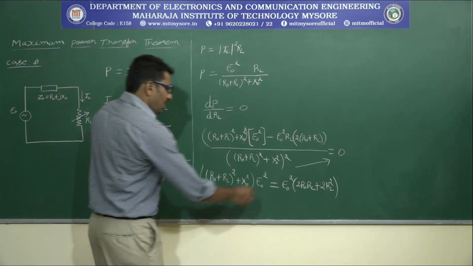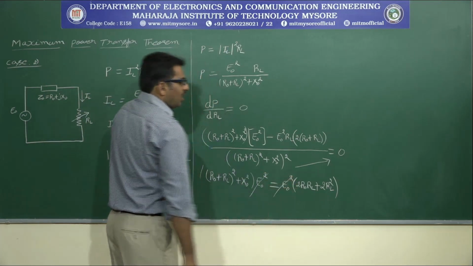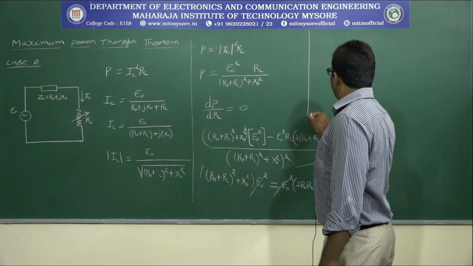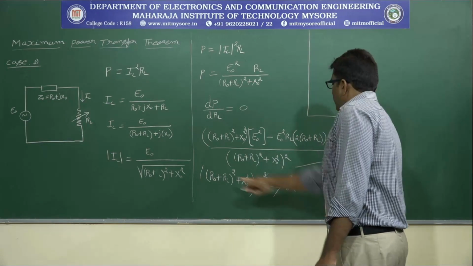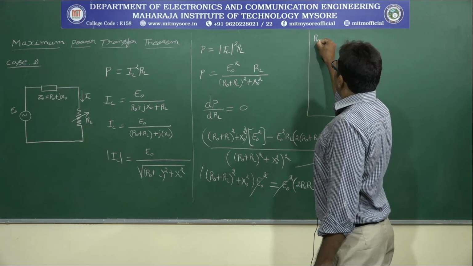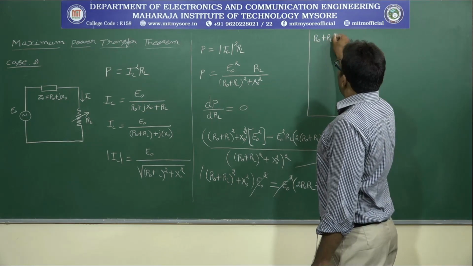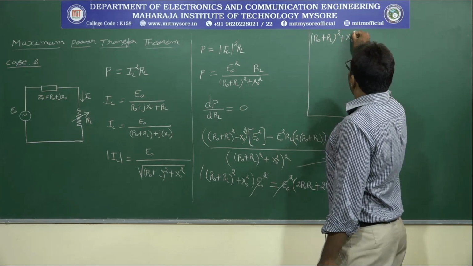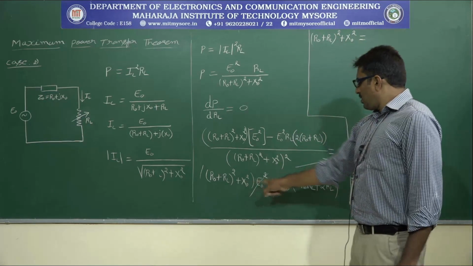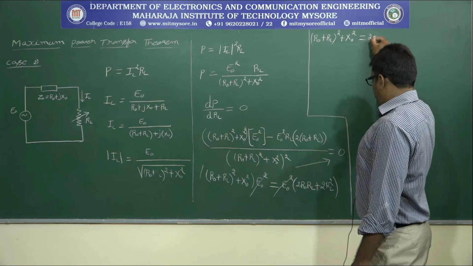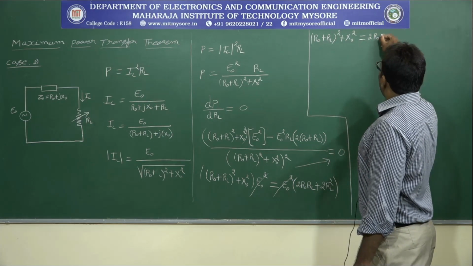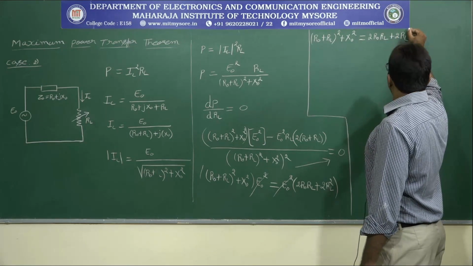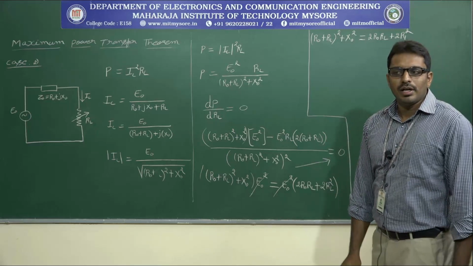Okay, so E0 square will get cancelled. Next, what is remaining? (R0 plus RL) whole square plus X0 square is equal to 2 R0 RL plus 2 RL square.